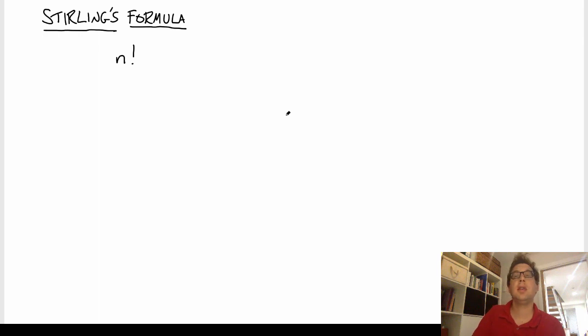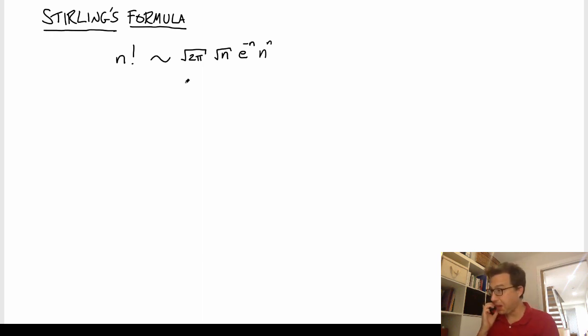Stirling's formula is essentially the result that n factorial, for n really, really big, looks like n to the power of n, that's sort of the biggest term, times e to the minus n, times the square root of n, times a constant, square root of 2 pi.